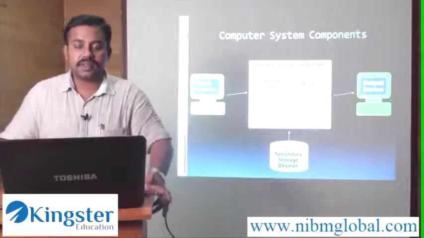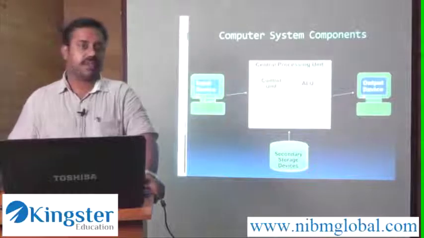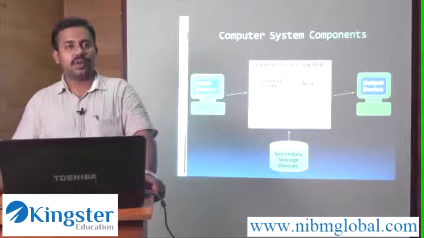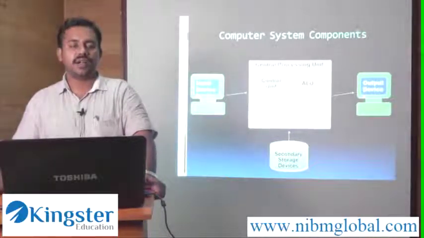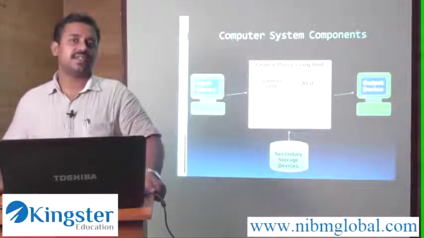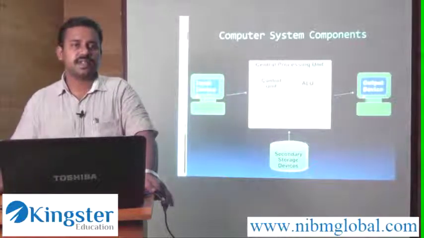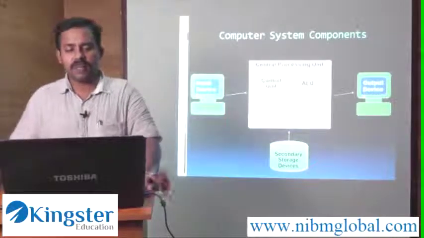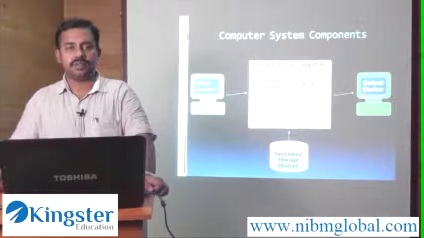And this is the basic computer system part, where on one side we have the input devices. The examples of input devices include keyboards, mouse, optical scanners, barcode scanners, RFID, radio frequency tags, light sensors, sound sensors, infrared cameras, and a number of other devices available for getting the input.